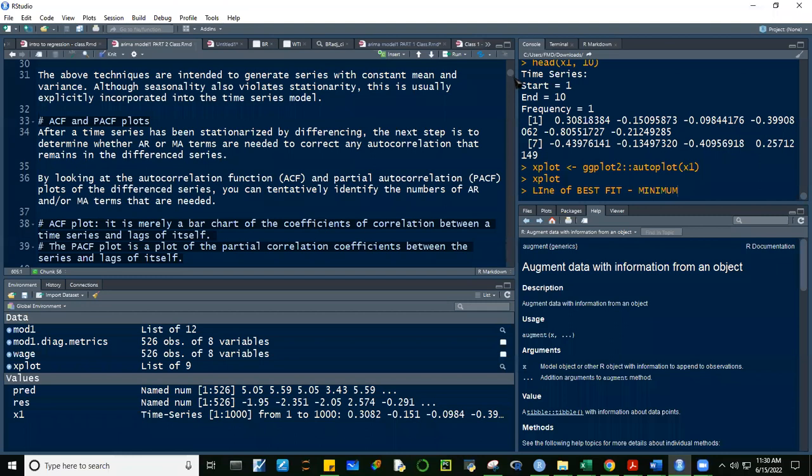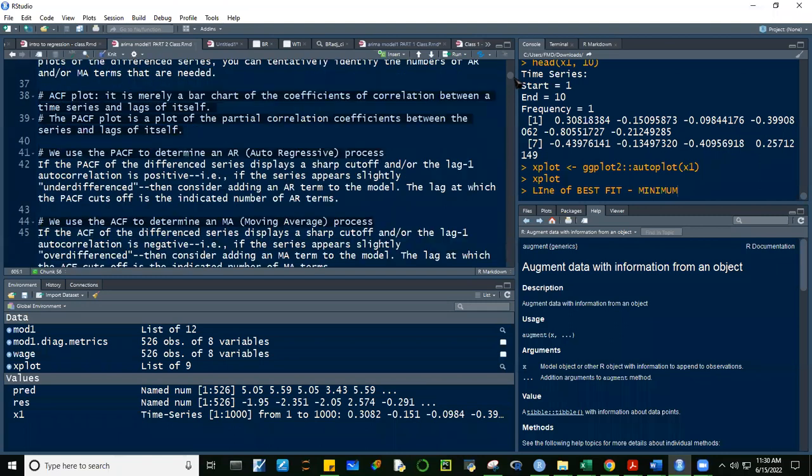So we learned last time that in order to determine if it's an AR process, you look at the PACF, the partial autocorrelation function. The nature of the PACF of an AR process is that it has significant spikes at certain lags. So it can be a significant spike at lag 1 and no more significant values at the other lags.